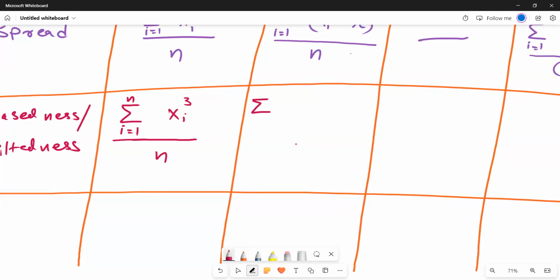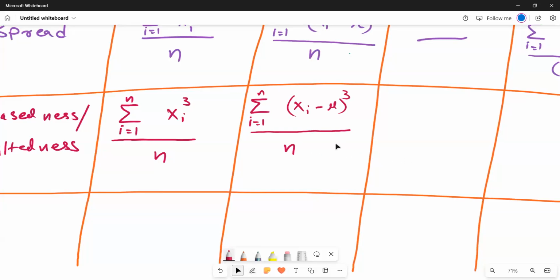Hence, the formula will change. It will go from 1 to n, xi minus mu raised to the power of 3, and n remains as it is. This is the centered form of the formula, right?